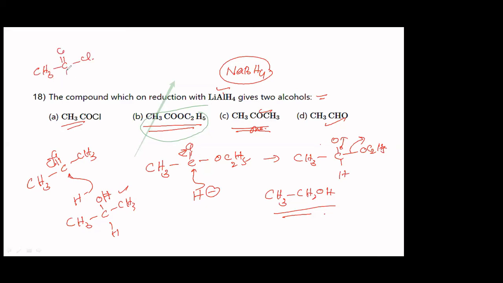H will come and form a bond here, and it becomes O minus initially. Then when it forms a bond, Cl will come out, and initially it is going to form an aldehyde. But the aldehyde eventually will be reduced to alcohol, just like this. So if you want to get 2 alcohols, you have to use an ester.